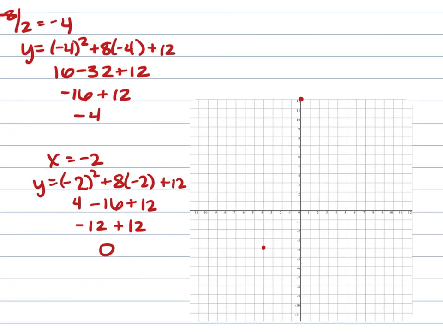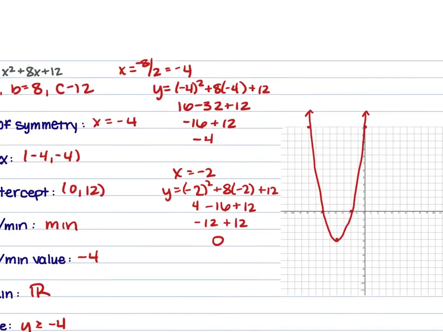So negative 2, 0, which is also going to give me negative 6, 0. And then I have negative 8, 12. Again, I'm just getting these by mirroring. I draw my line, and then we're done.